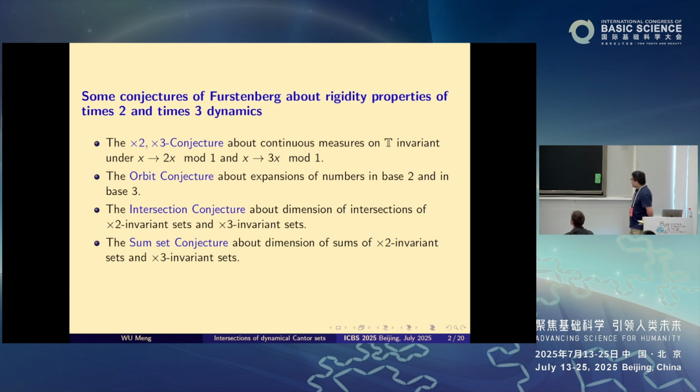The main focus of this talk will be the intersection conjecture. That's a conjecture about the dimension of the intersection of Cantor sets which are invariant by 2 and by 3, respectively. And then there's another conjecture, the sum set conjecture.